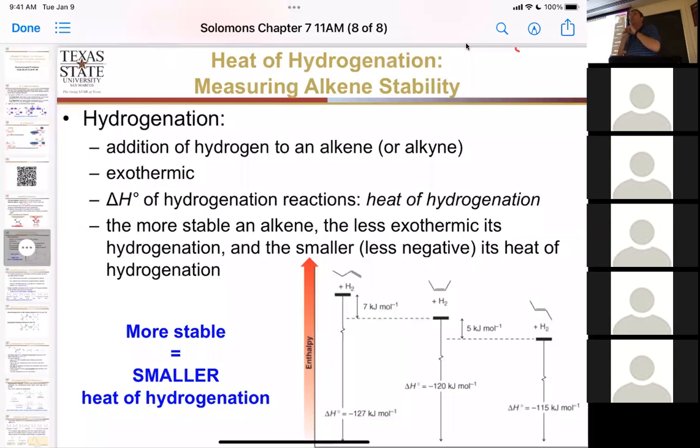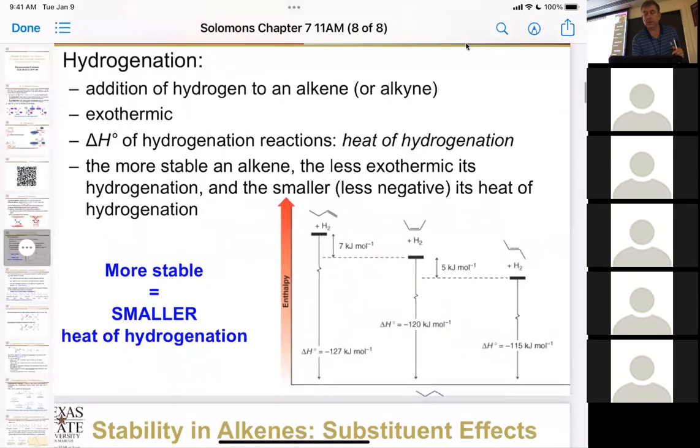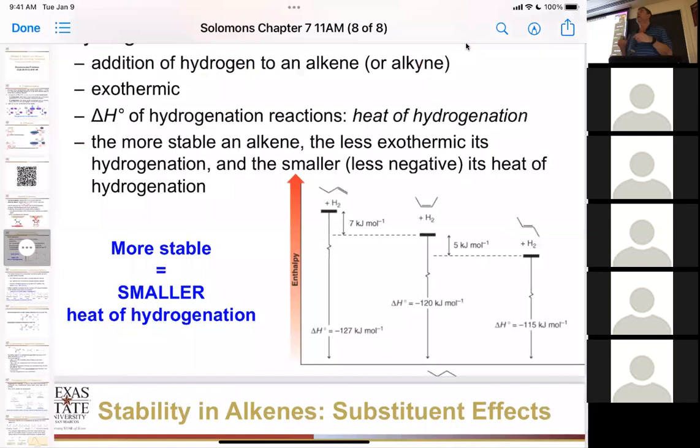Is it using the energy to attach the hydrogen? It's the heat liberated during the hydrogenation. So it gives off a certain amount of energy, and the lower the energy, the more stable it is.